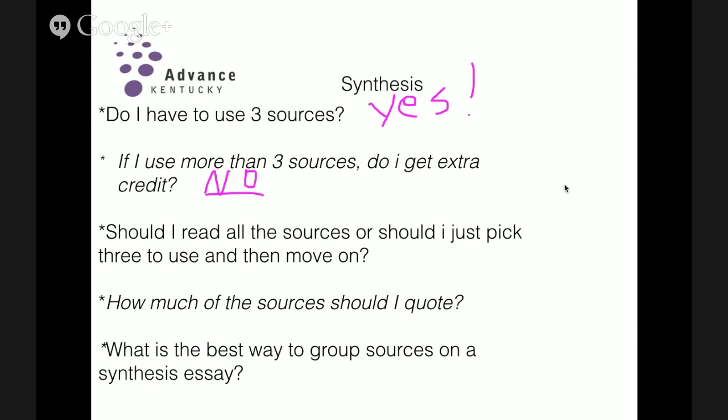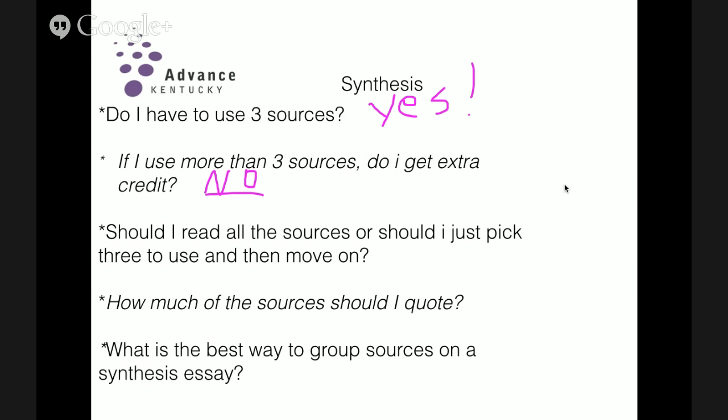If there are a couple more sources that really help your argument, and you feel you need to include them, then by all means, you should do that. Always use the sources that help you the most. But we're not going to count and say, oh, look, this guy used 5, even though it's all summary, we're going to give him an extra point or 2. If it's answering the question and it's not summarizing the sources, then you're good either way.